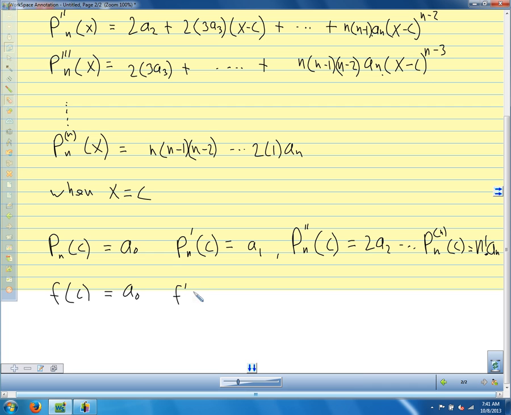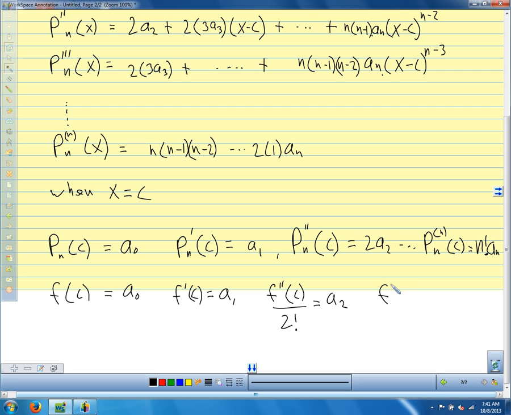F prime at c has to equal a1. F double prime at c divided by 2 factorial has to equal a2.